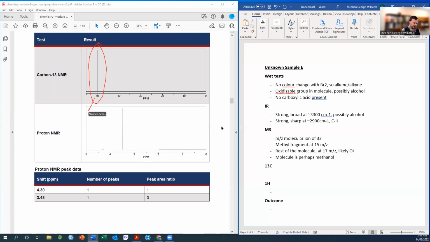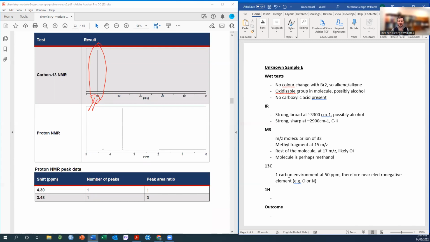With a chemical shift of about 50, it's near something electronegative. So for my notes here, I'd say one carbon environment at 50 ppm, therefore near an electronegative element, e.g. oxygen or nitrogen.